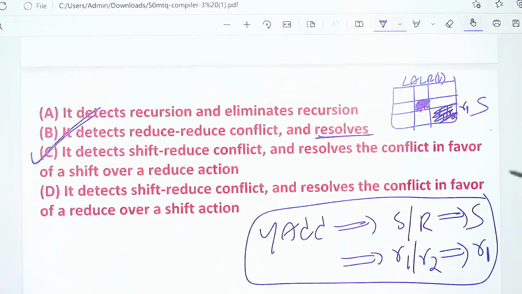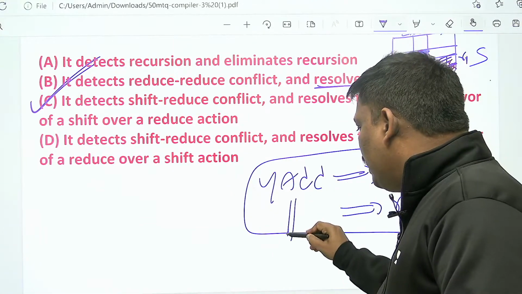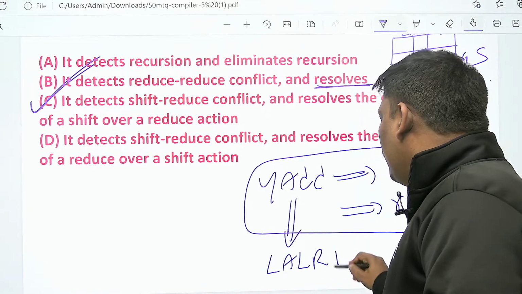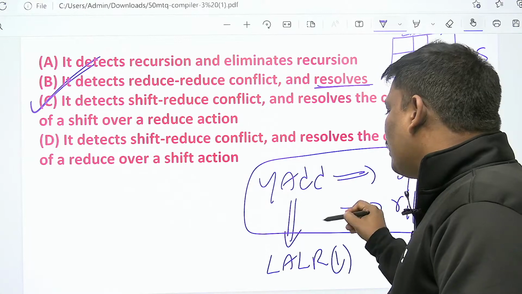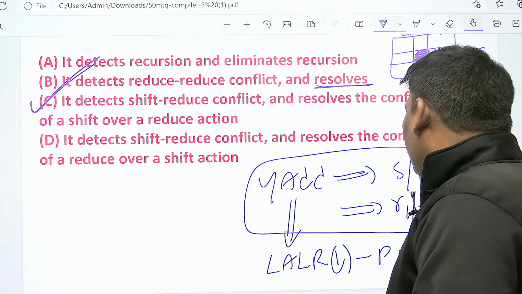From today onwards, if anyone asks you what is the use of the YACC tool, what is the answer? The YACC tool will create the LALR1 parsing table. Using the YACC tool for the given grammar, you can create the LALR1 parsing table.